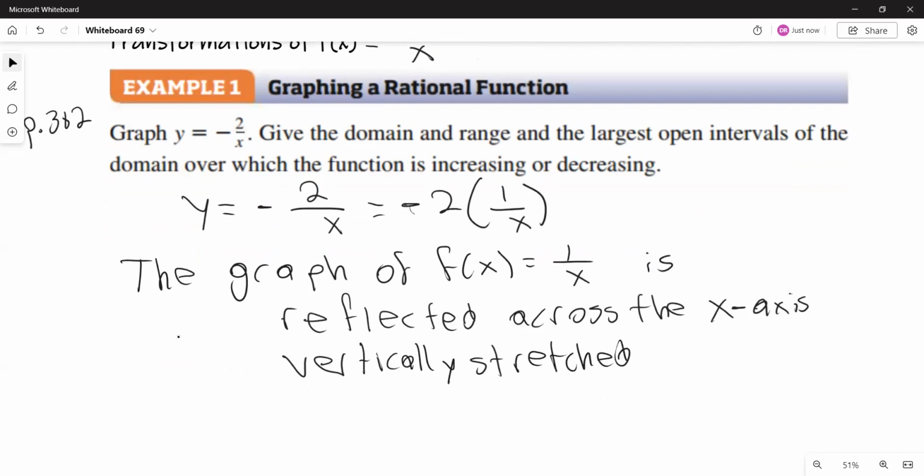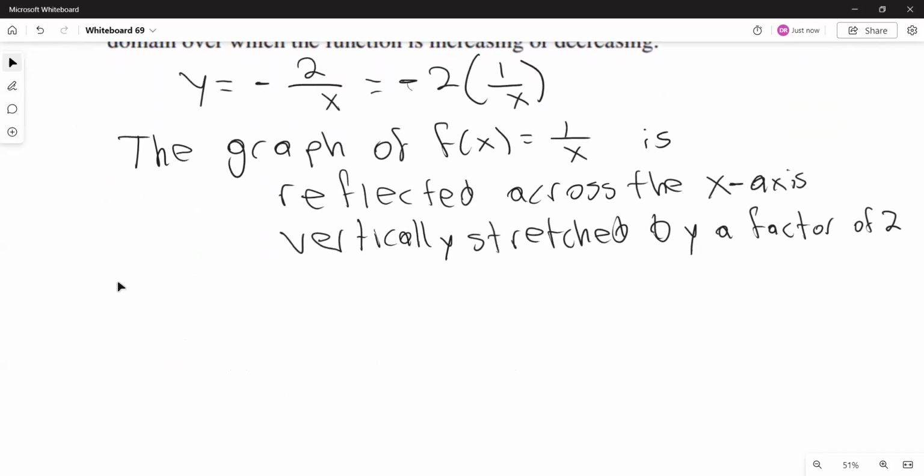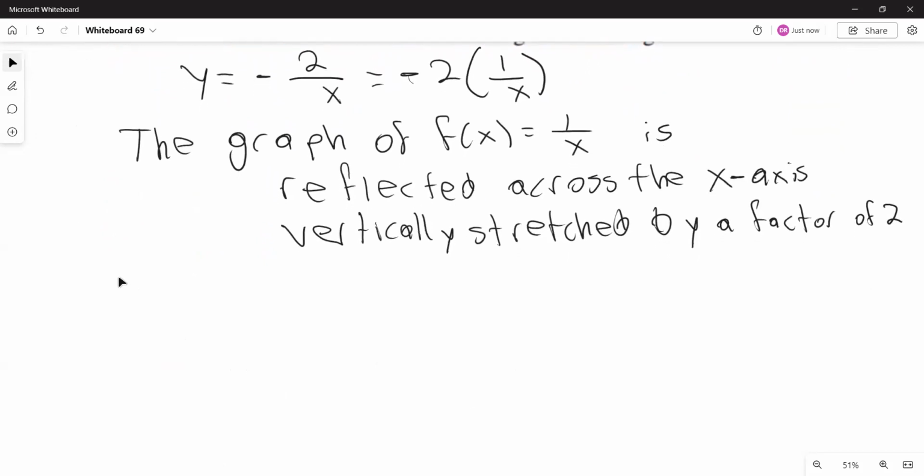We're going to make a table to see what the graph is going to be. It doesn't look like this is going to affect the domain or the range.